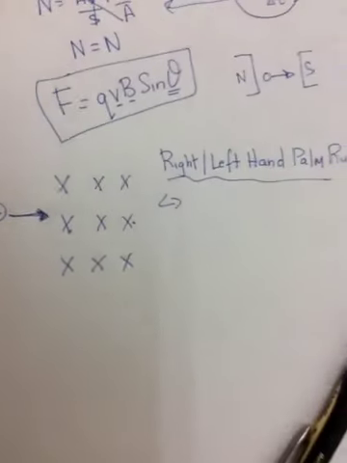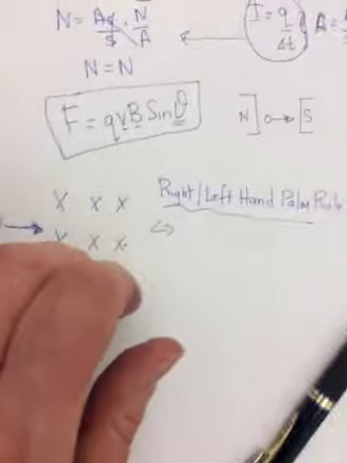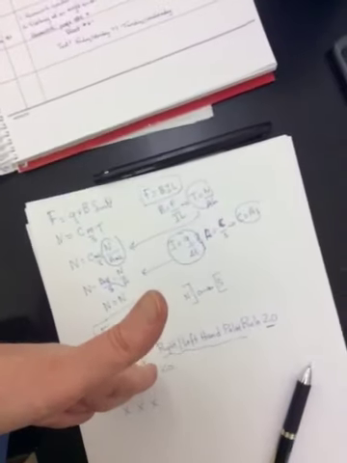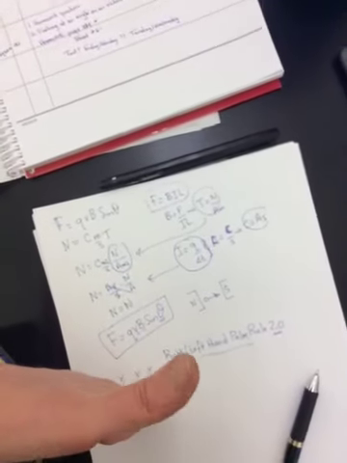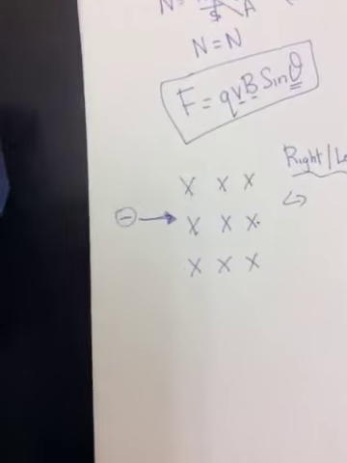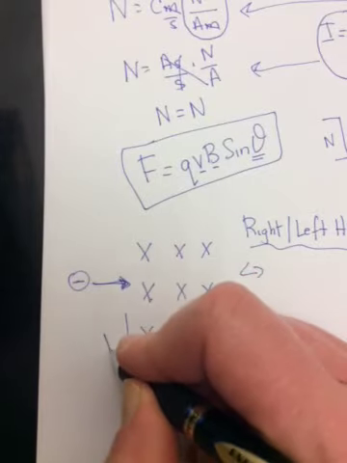So what will this one be? Well, I used my left hand, so my fingers are going into the page, my thumb is going down, and so my thumb is going to the, right? So the force should be going towards the bottom of the page, right? The force should end up going this way.